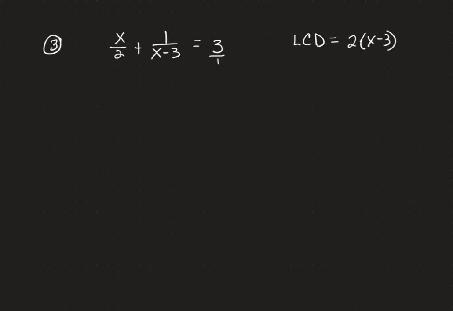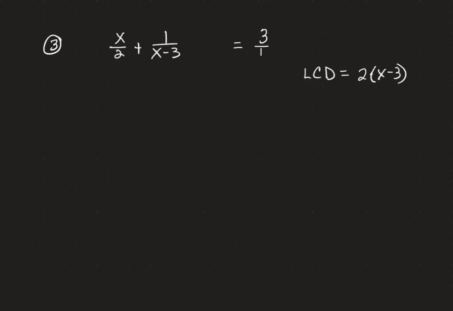If instead we spread things out just a little bit, and to keep things balanced, we multiply both sides by 2 times x minus 3, because the golden rule of algebra says do unto one side as you would do unto the other.